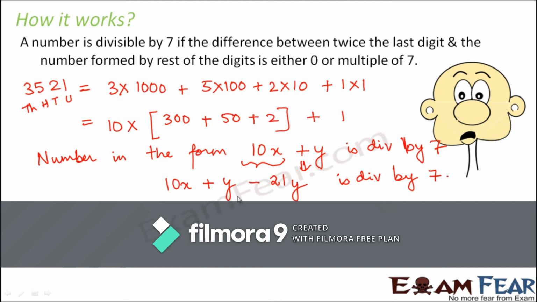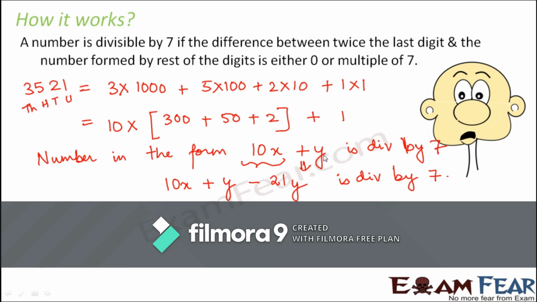So students, please understand that when I am writing in this way, I am only writing it as a trick so that I can arrive at a conclusion to prove why we are doing twice the last digit and then finding the difference. So to arrive at that point, I am just assuming that this number, which is in the form of 10x plus y, is divisible by 7.